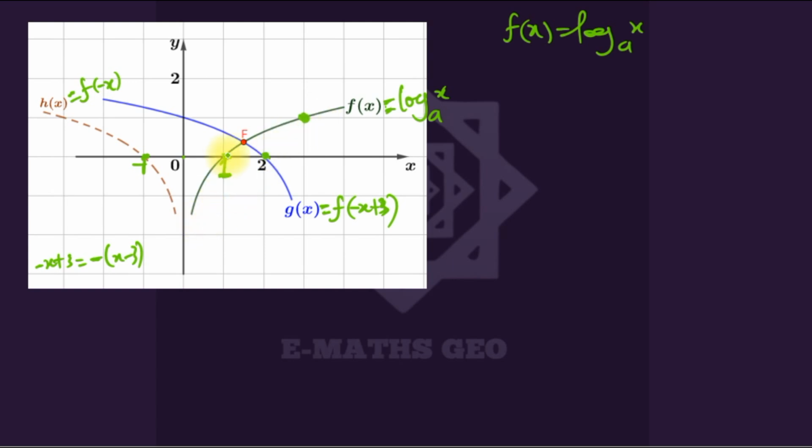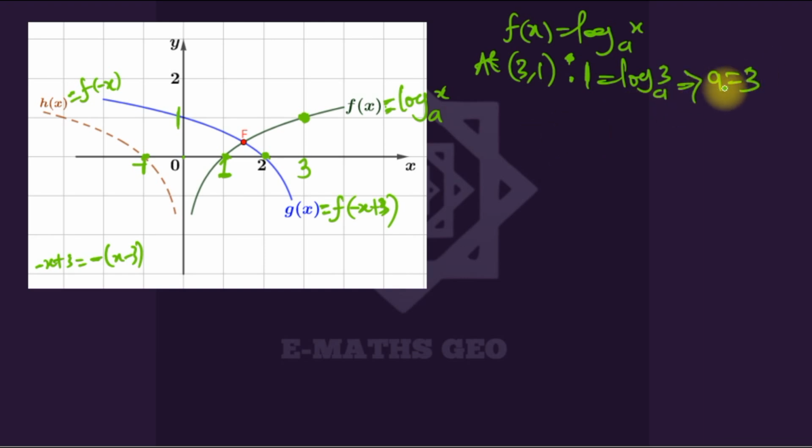We've used this. So look at this. What do you notice? This is 3 and this is 1. So we now see at x = 3, y = 1, because we want to get the actual value of the log function. We have 1 = log base a of 3, which implies that a must be 3.